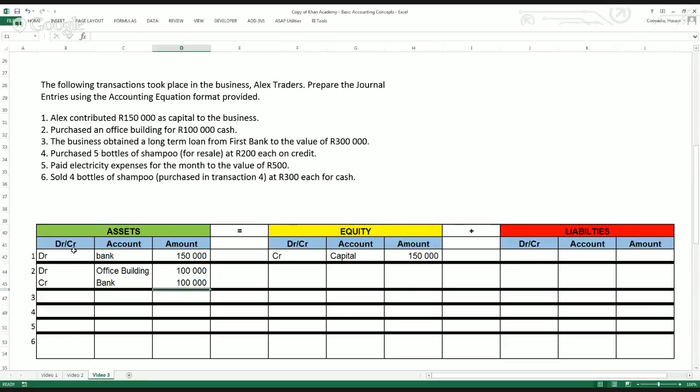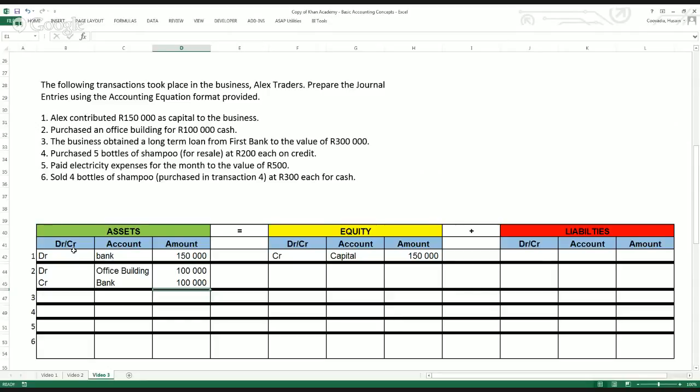Within the context of the accounting equation, we'll see that it balances. On the asset side, we have a debit, meaning an increase of 100,000, and a corresponding credit as a decrease. So 0 on the assets, 0 on equity, 0 on liabilities, and hence our accounting equation balances.